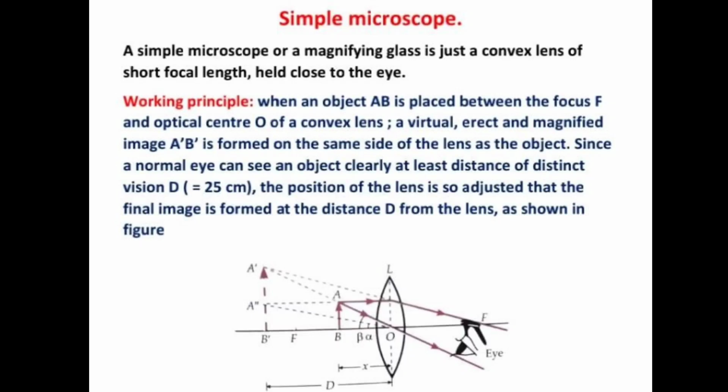Since a normal eye can see an object clearly at a least distance of distinct vision, that is up to 25 centimeters, the position of the lens is so adjusted that the final image is formed at a distance capital D from the lens.